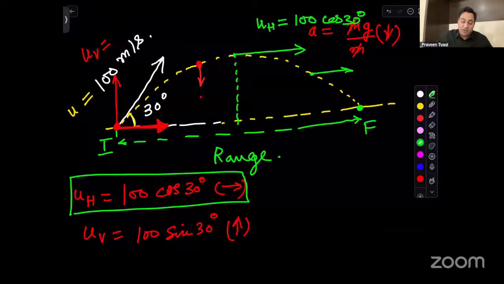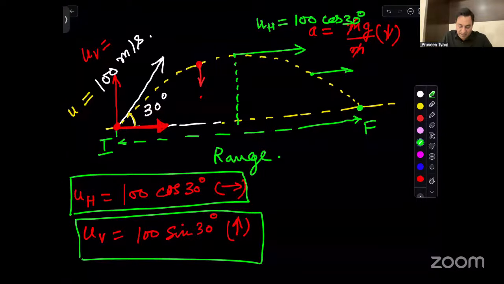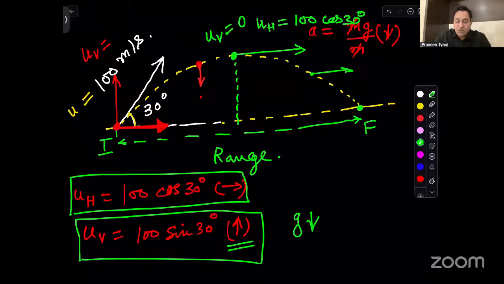Now, for the vertical motion, initial vertical velocity was this. And this velocity started decreasing because acceleration due to gravity was acting in downward direction. This velocity was in upward direction. And this kept on decreasing, decreasing. And at the highest point, what was the final vertical velocity? 0.